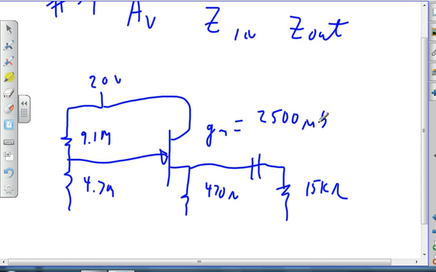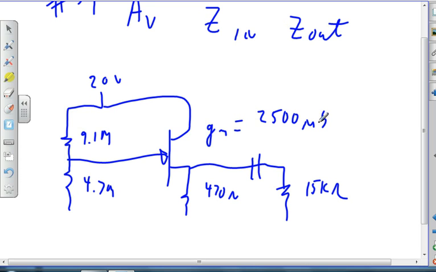Now, is it possible to build it in Multisim and get these answers? That's the real issue. And the answer is maybe we could do that. So I need to find R little d.